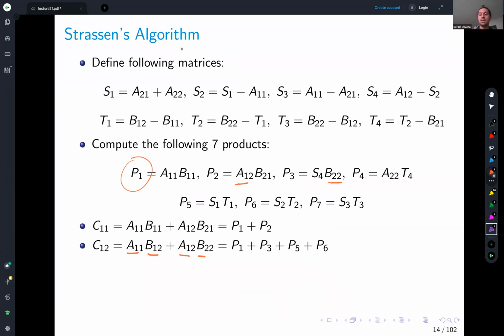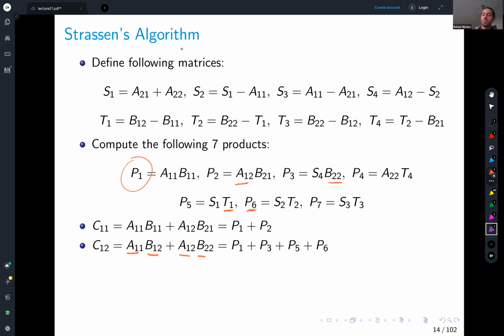P4, well, doesn't need to be involved right now because it doesn't have any of the elements from here. And then P5, if you remember, P5 has A21 plus A22, and T1 has B12 minus B11. So T1 has an element from the product that appears here, and P6 is S2 and T2, which has A11 and has B22, right? So I have P1, P2, P3, P5, P6.